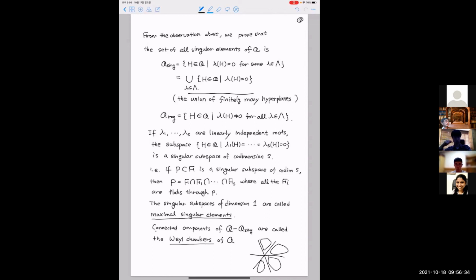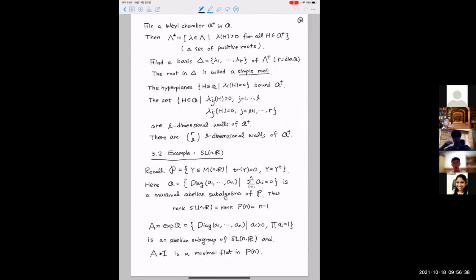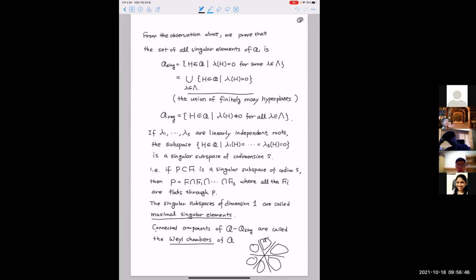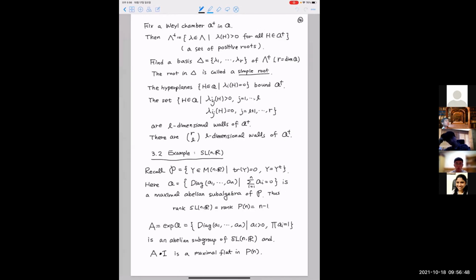These are called Weyl chambers. Fix one Weyl chamber, A plus. Then you can define the positive roots, which consist of the roots with positive value on the chosen Weyl chamber.